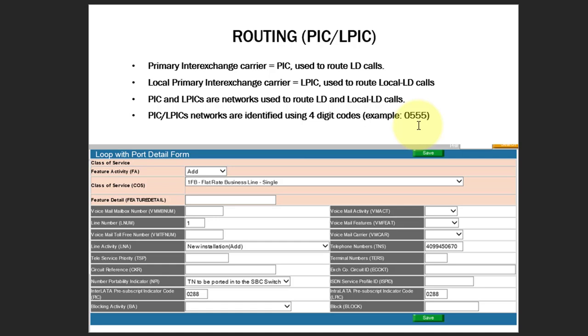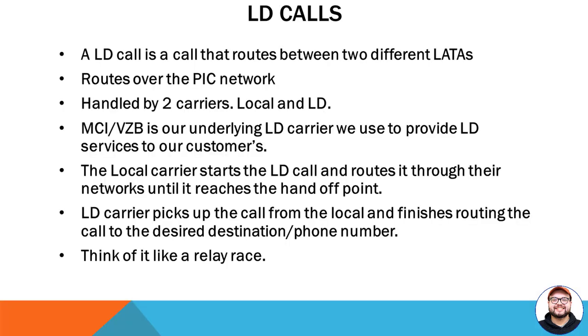A pick, of course, is just a network that routes calls. But there are actually many different kinds of pick codes. Every long distance carrier has their own pick. So AT&T has 0288, CenturyLink has 0432, and Verizon MCI, which we use, has 0555.